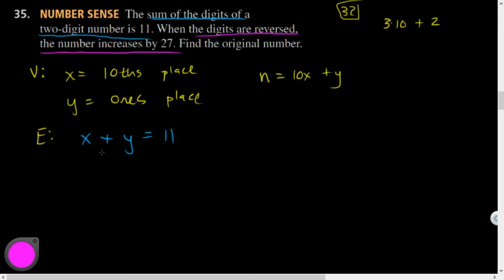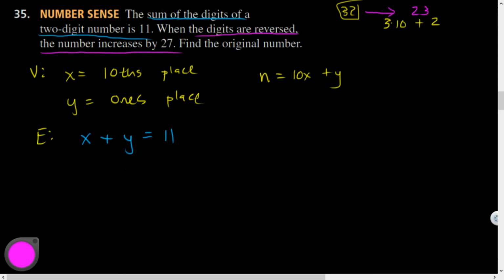For the digits to be reversed, that means this time the y would be in the tens place and the x would be in the ones place. You guys agree? So for the digits to be reversed, I would be talking about the number 23.